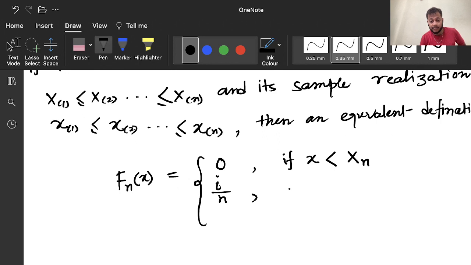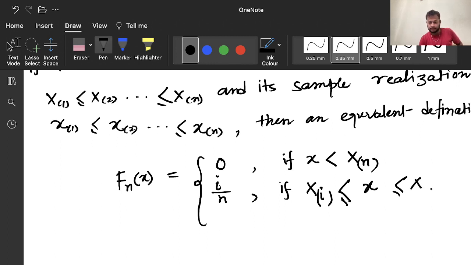and it will be i/n if x lies between the ith observation and the (i+1)th observation, since x is strictly lower than the (i+1)th, so at least i random variables are lower than x.